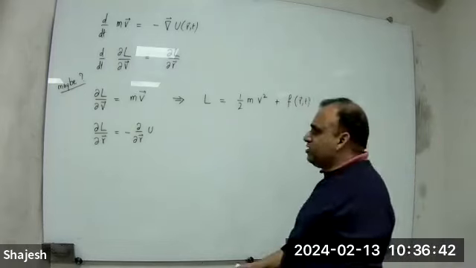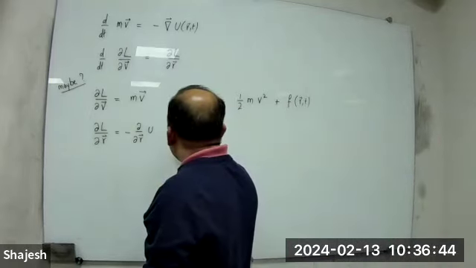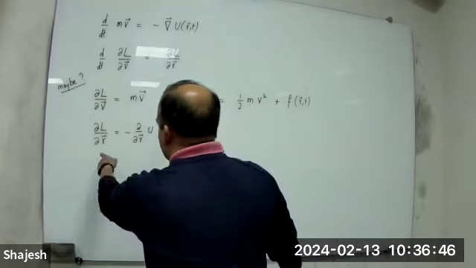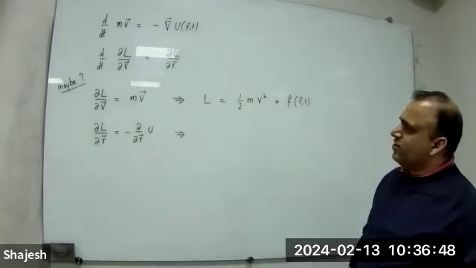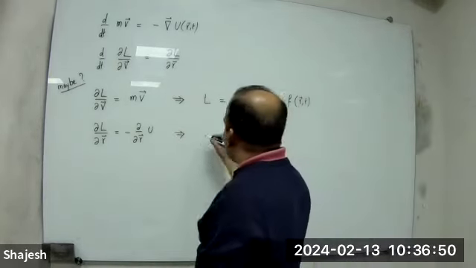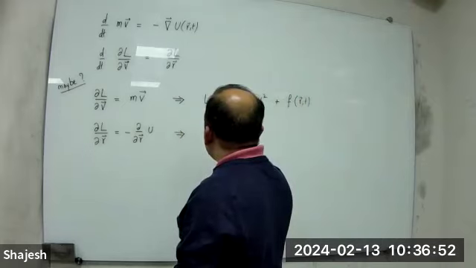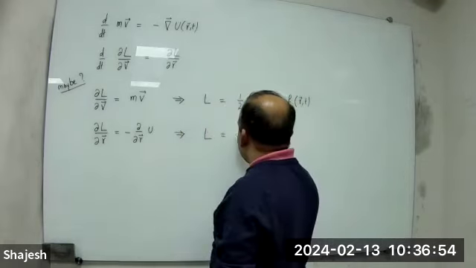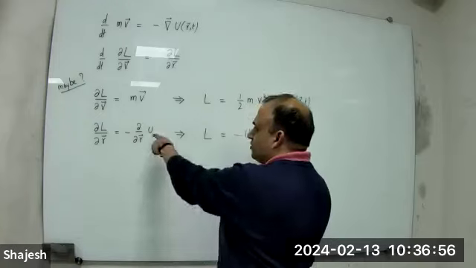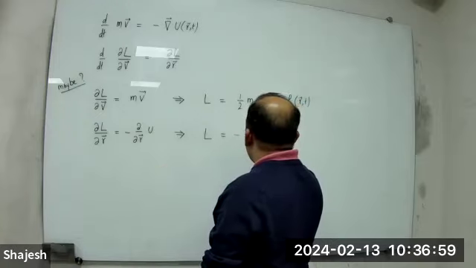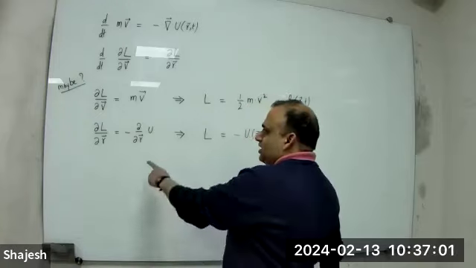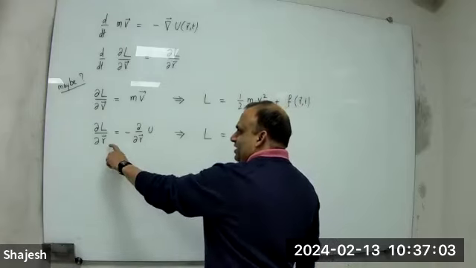Now come back to this. What can we say from here? If this statement is true, we can say that L is equal to probably negative of u, which is already there, r of t. But this is the gradient, right?